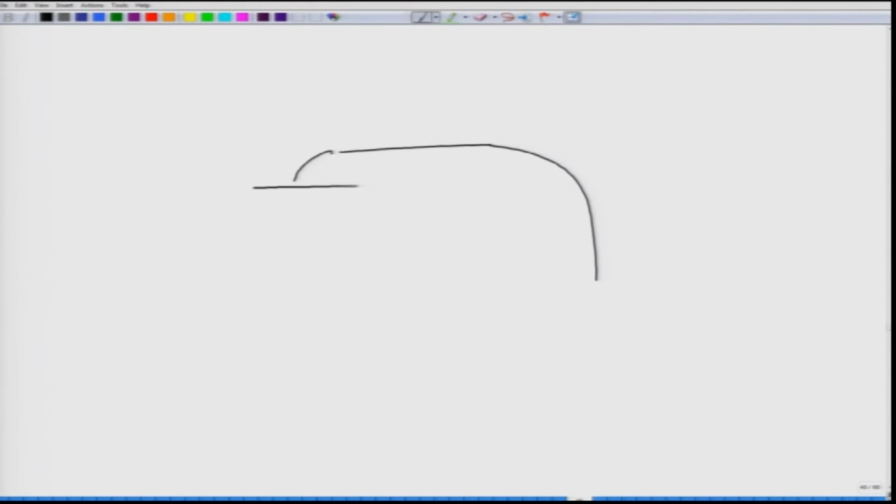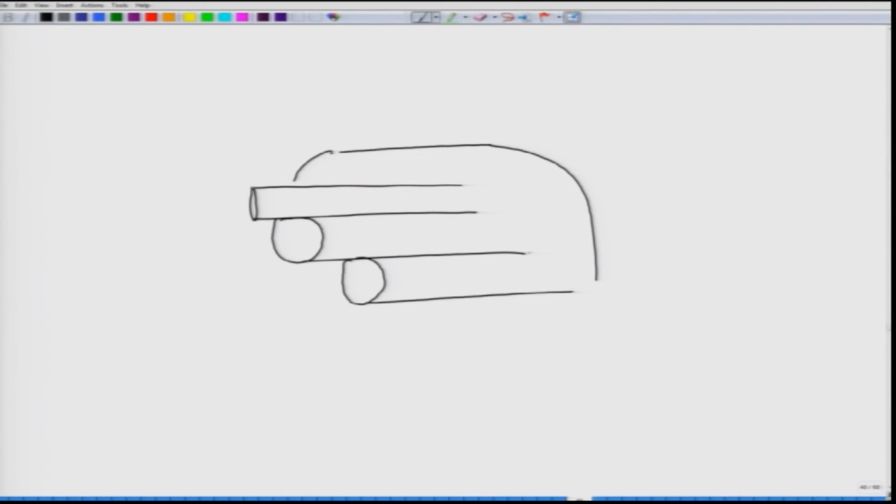And what you will be seeing is something like this or something like this. Those tubes are popping out, and within them you will see zones of something like this. You must have seen bamboos, right?